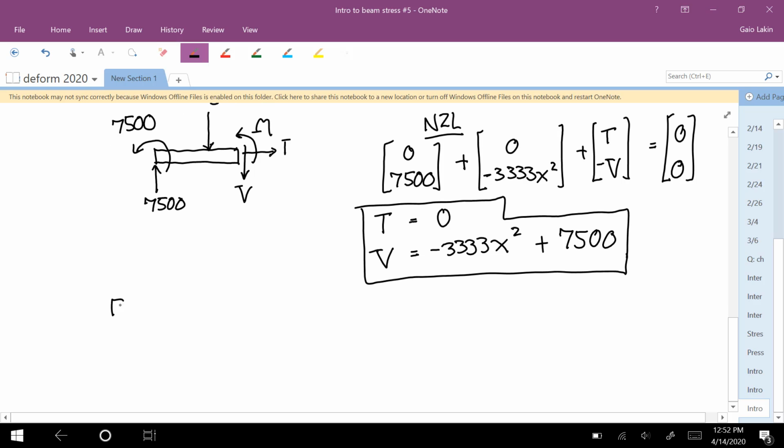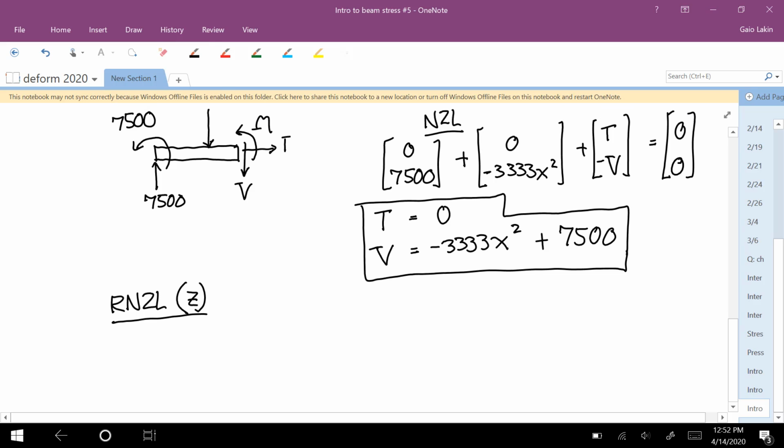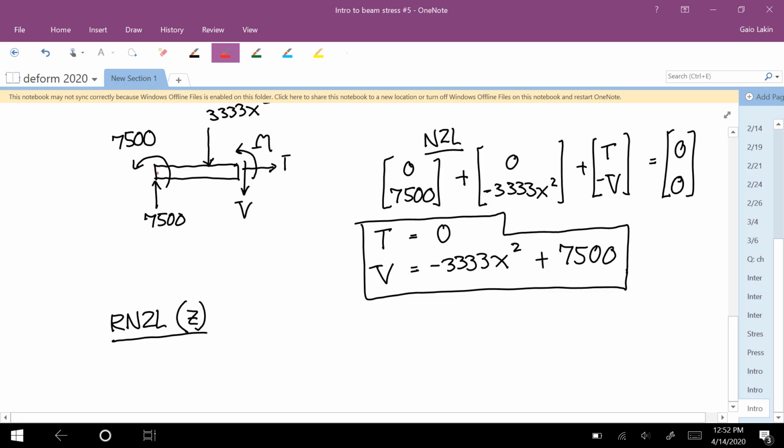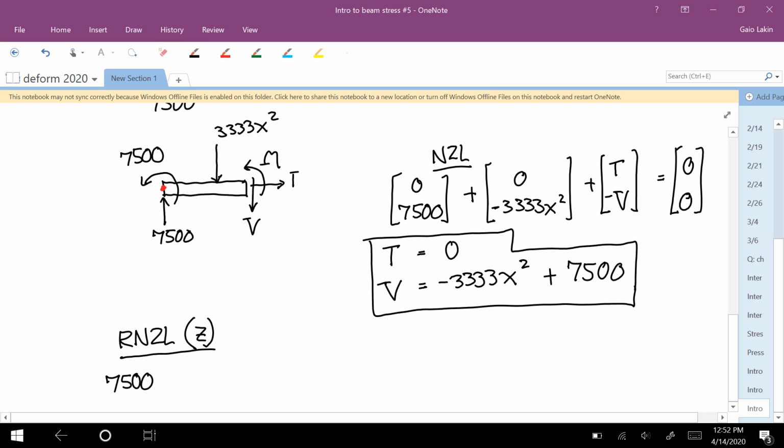And the moment equation, it's only the z moment that we care about. Our about point is at the left. We have positive 7,500 plus that 3,333x squared times its moment arm of 2/3 x.